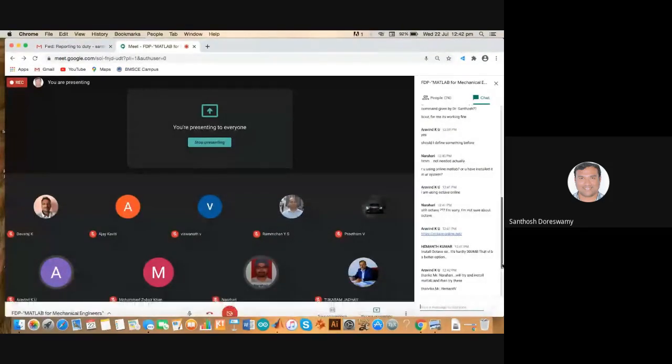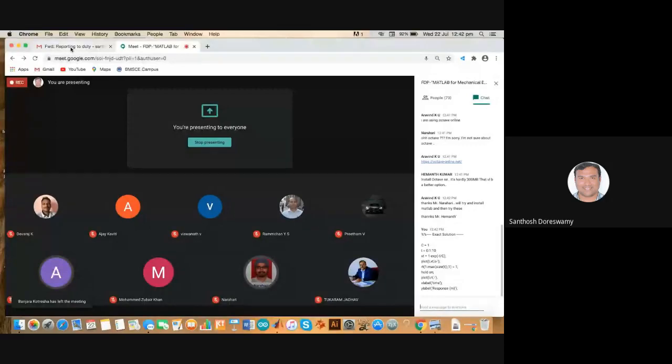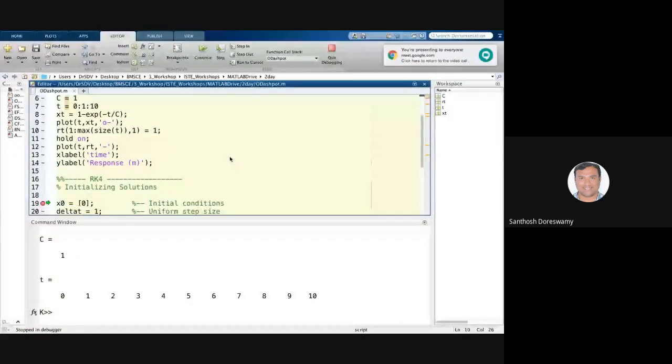Okay, that's the code that I've given. I've just pasted that in the chat box. You can refer to that. So the code here for the RK4 technique goes as follows.